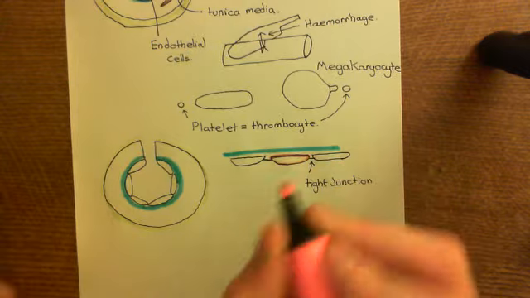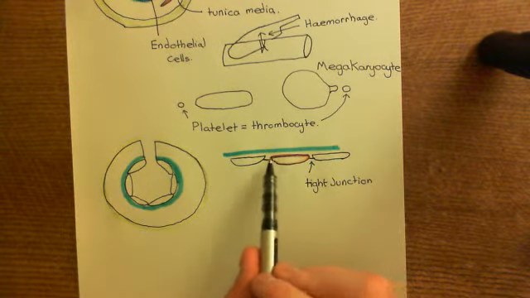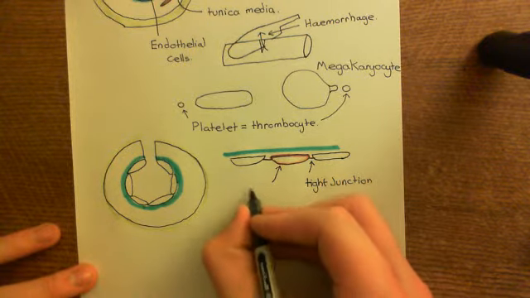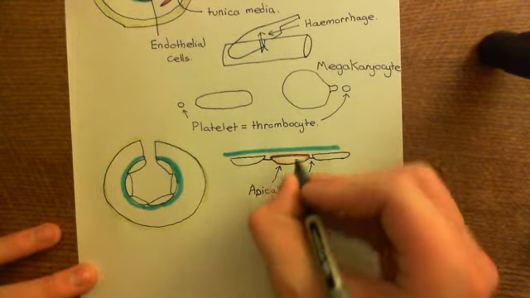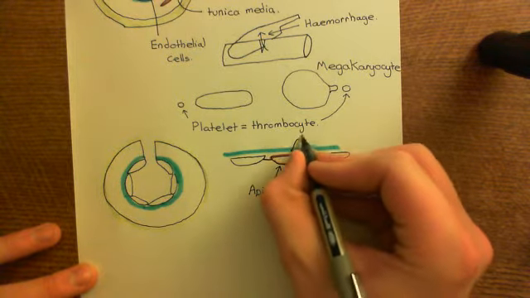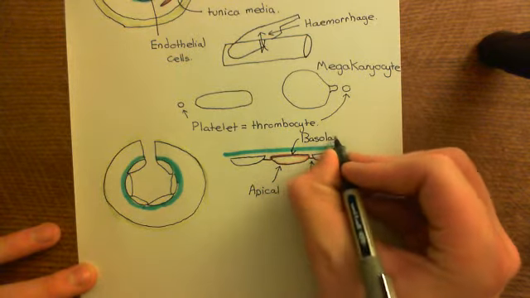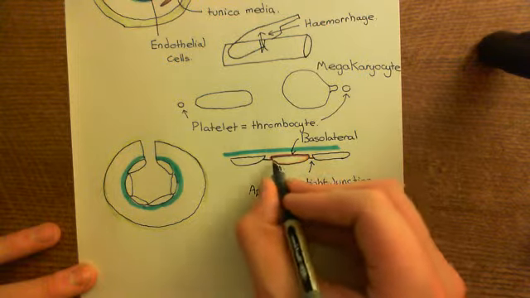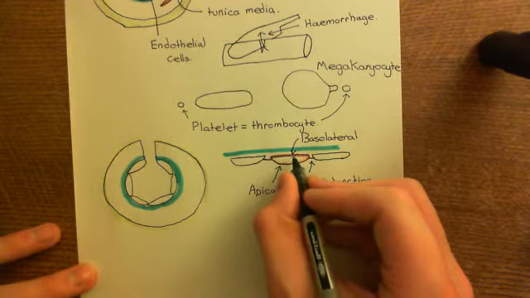So there are two portions of the cell membrane, a basolateral portion and an apical portion. These two are kept distinct, so things which are in one of these membranes, such as the apical membrane, are not allowed to go into the basolateral membrane.